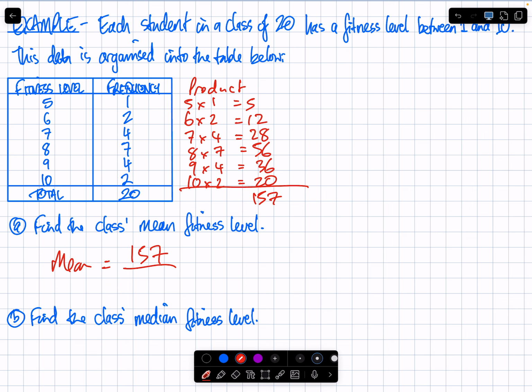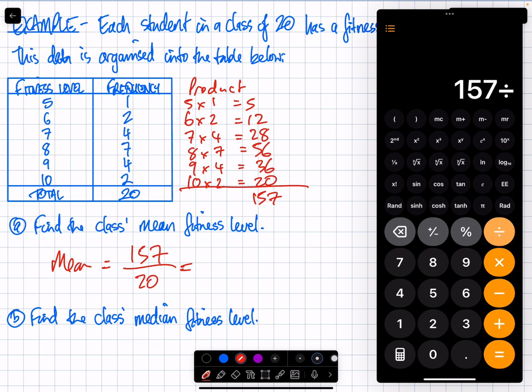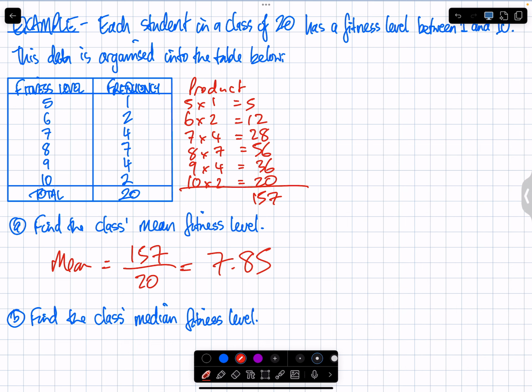Which number tells you how many numbers of data were put? Total of 20. Where does that come from? Because you had one 5, two 6s, four 7s. How many is that in total? 20. So to find the mean, you go 157 divided by 20. The mean of this is 7.85.